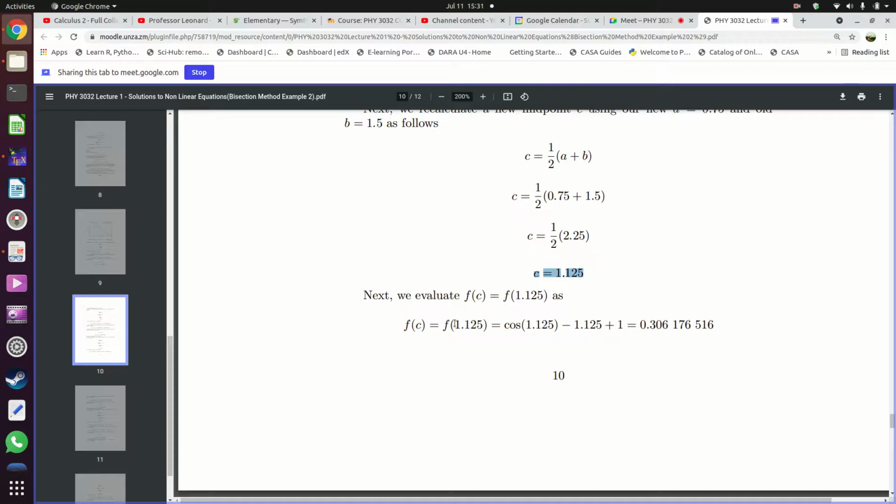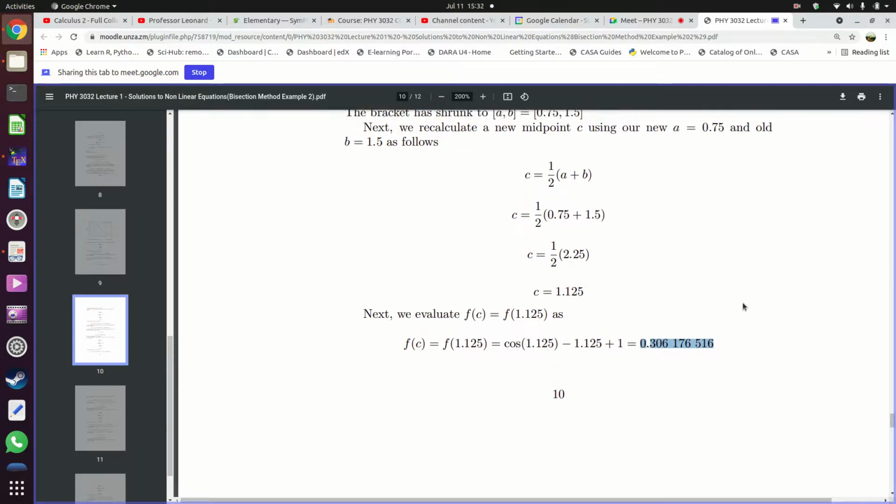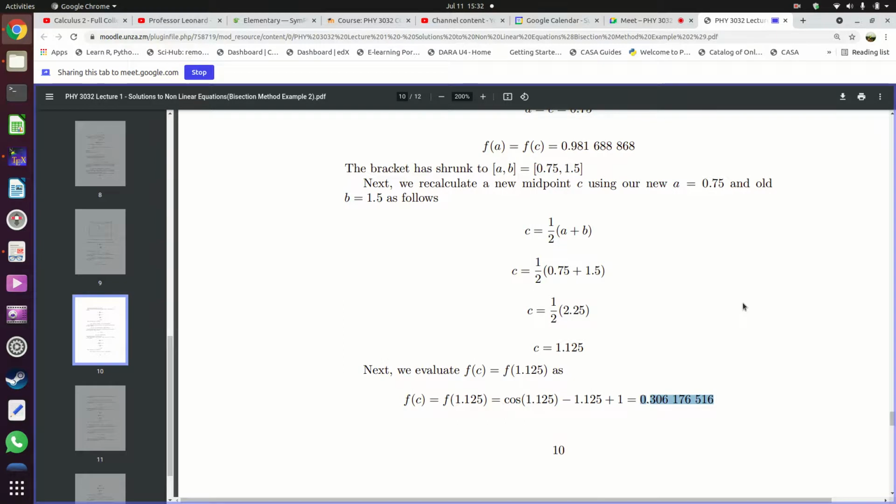That's going to be cos 1.125 minus 1.125 plus 1. And this is going to give you 0.306176516. This is positive. Our function at the midpoint is positive.